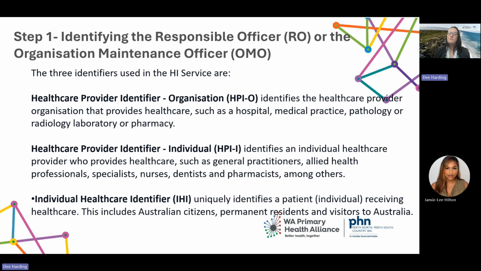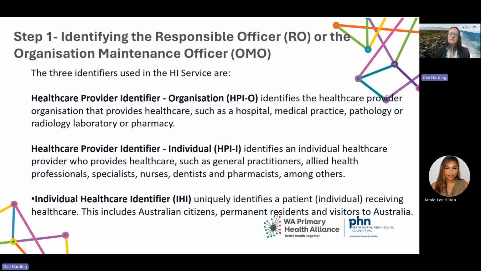So upon registering for My Health Record, your organisation will be issued with an identifier. This is called a Health Provider Identifier for your organisation, HPI-O. In conjunction with that, each and every clinician within your organisation and relevant non-clinical staff that have permission to access the record will also be provided with a health provider identifier, which must then be linked to the organisation.